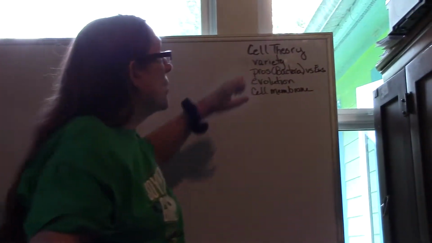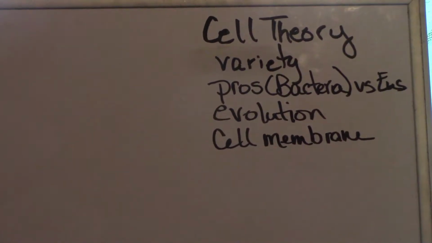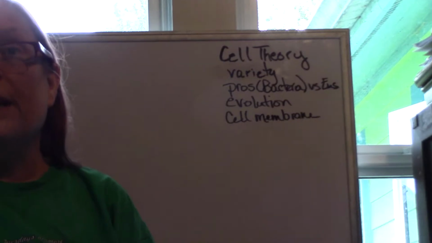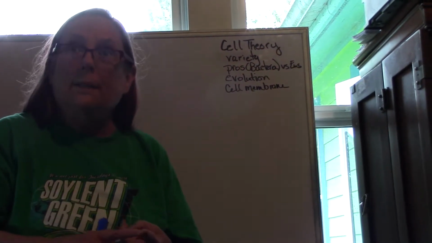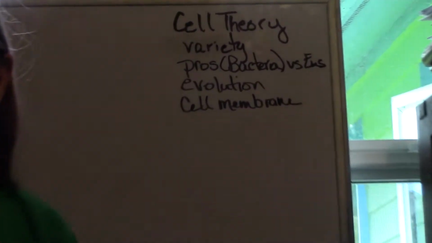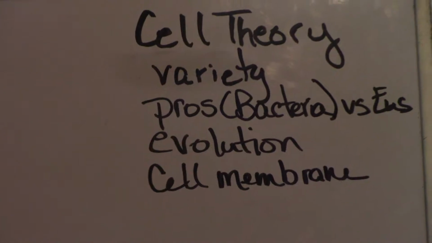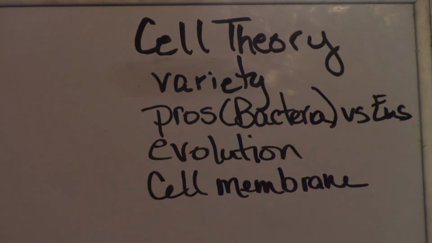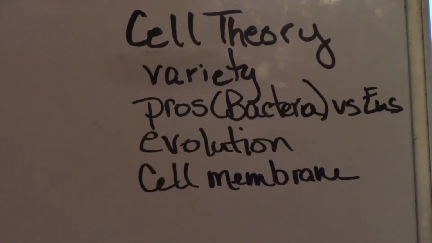Now, there's a lot of variety in the cells. So there are 3 domains. 2 of them are prokaryotes, bacteria and archaea. This should be review from last week. And then there's eukarya. The archaea and the bacteria are the prokaryotic cells.